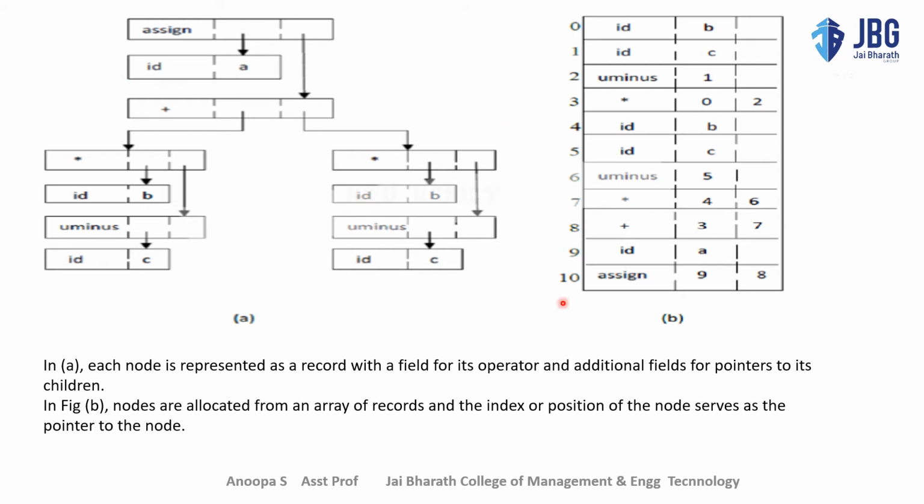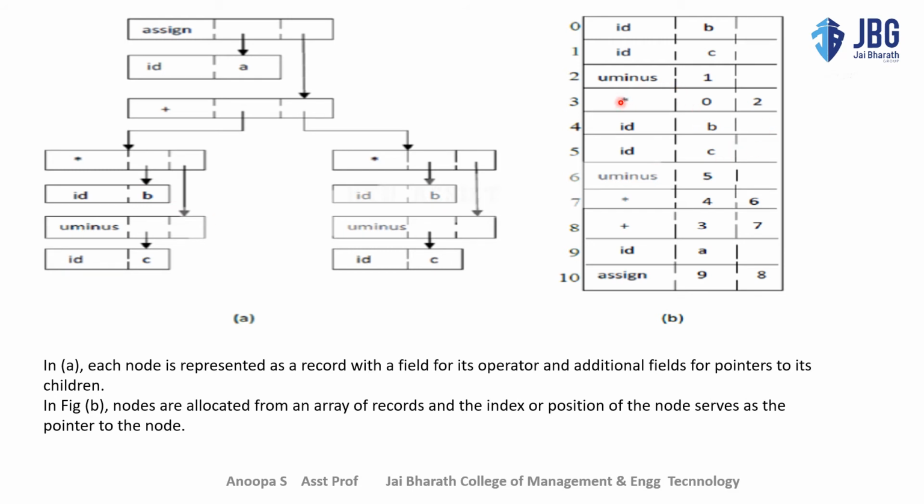Another representation is by using this array. First b is an id and it is assigned index 0. c is also an id, it is assigned 1. If I am to perform unary minus of c, I write unary minus, and instead of c, I give the index value 1. Then I have to perform b into unary minus c.